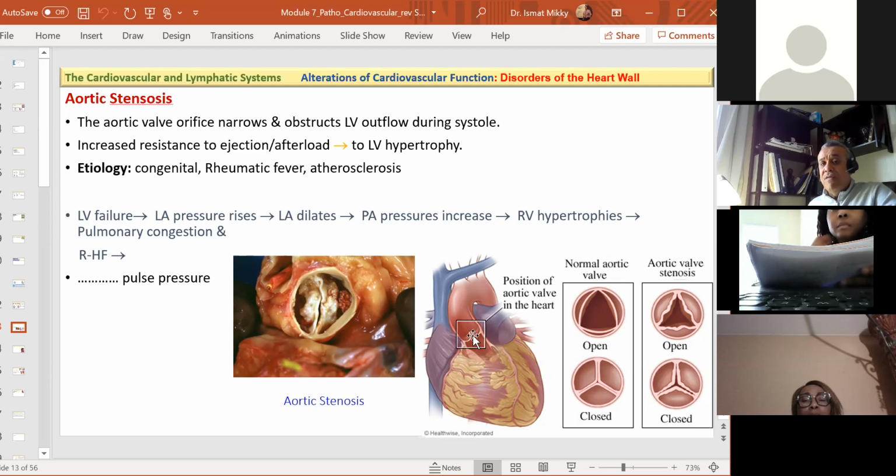So if the aortic valve is stenosed, there is stiffness of the valve leaflets, and it's not wide open, then it will result in a decreased amount of blood being ejected to the systemic circulation. It's not allowing all the blood to be ejected from the left ventricle.